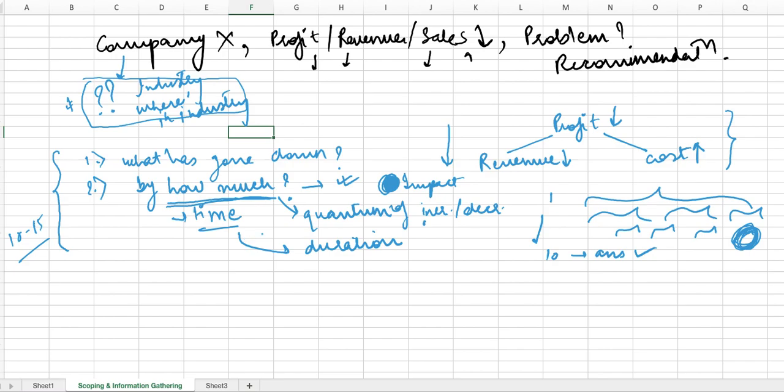After knowing this much, you will know what your target or goal of this case solving exercise is. I already mentioned that your goal is basically to identify the problem, and once it is identified, then you have to proceed to recommendation.